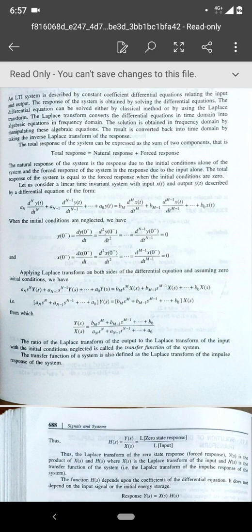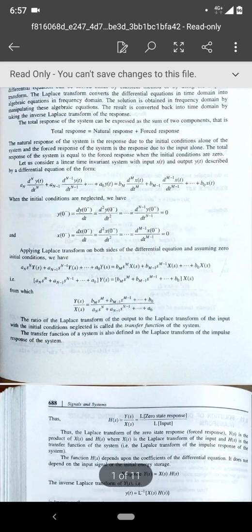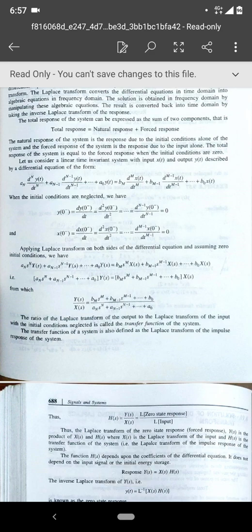Differential equations take the form that is given there. LHS is of the order n, and RHS is of the order m. And the initial conditions, why are they neglected there? If you are asked to find the transfer function of a system, then initial conditions are neglected, because the transfer function is defined like that, as you might have learned in linear control systems.